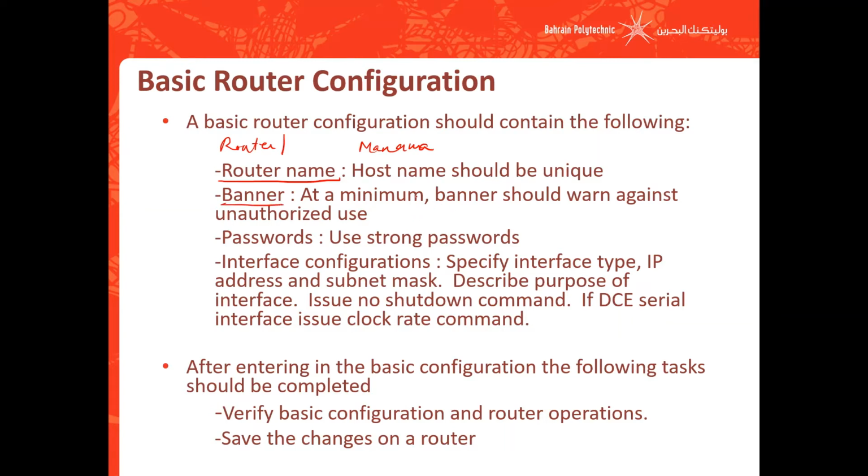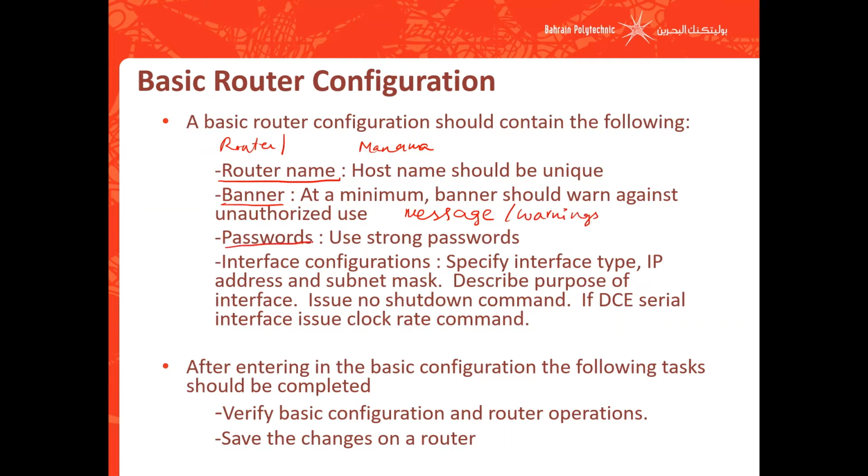So you just display a message to the user to warn them. These are basically used for warnings. So let's say unauthorized use prohibited, or only accessible for the IT department, something like that. So this is just to display a message or warnings on the router terminal.